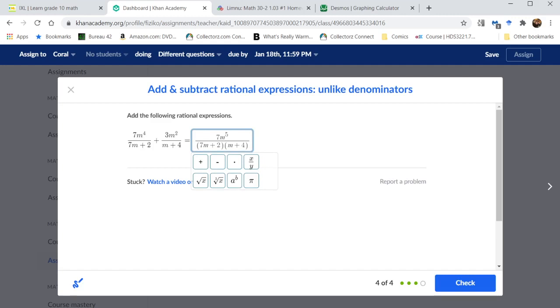We're going to have an m to the 4th term from the 4 times 7m to the 4th, so 28. Have to remember to add them. 28 times m exponent 4. We are going to have an m cubed term from that 3m squared times 7m. So that's 21m cubed. And a 6m squared to wrap it up.